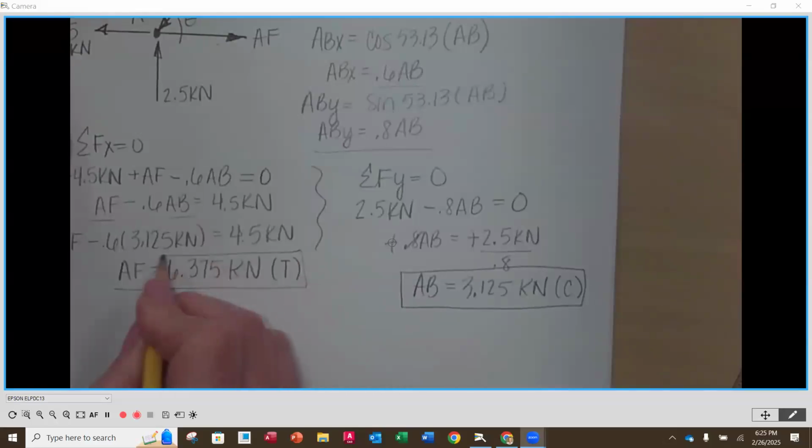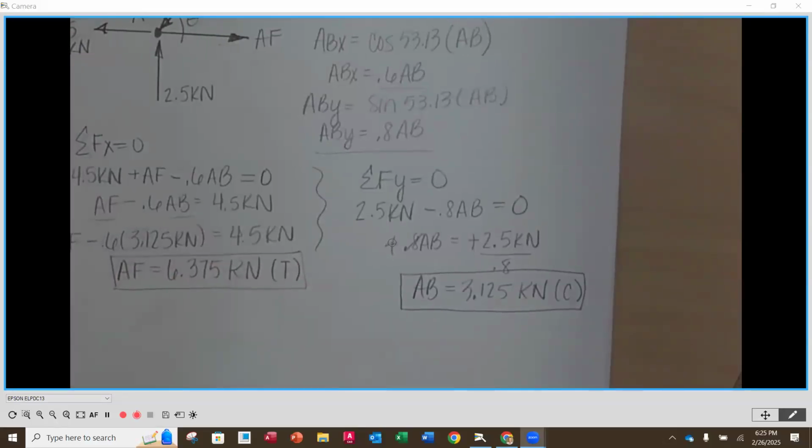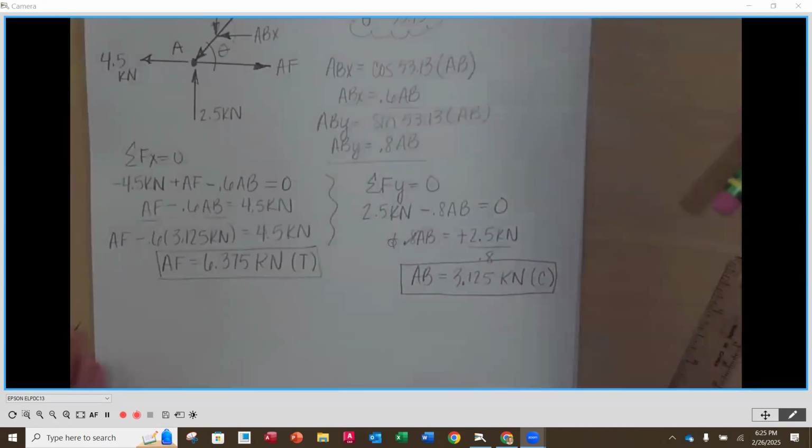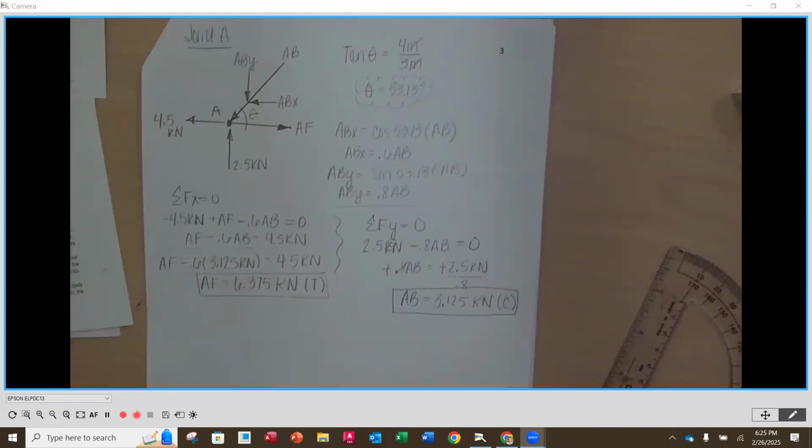So for each one of your answers for the force in the member, you have the magnitude and you have the direction. All right. Now we have each one of our unknowns. We had 2 unknowns going into this problem, the 2 unknowns in those 2 members, and we got each one of those. So now we can move to our next joint.